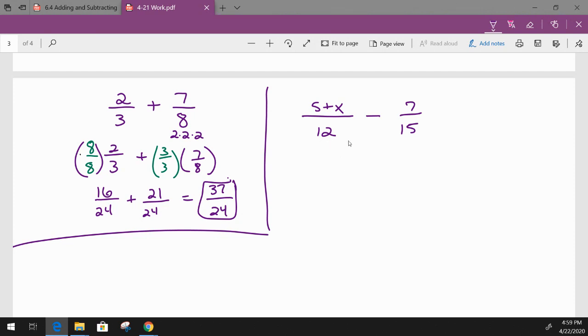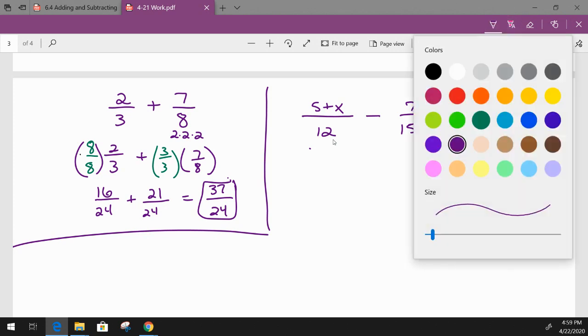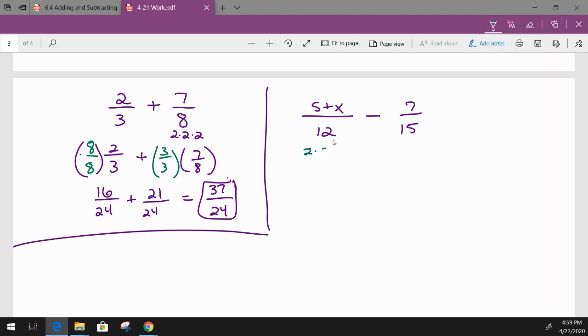But if you look at 12 and 15, the prime factors of 12 would be 2 times 2 times 3. The prime factors of 15 are 3 and 5. So both of them already have a common factor of 3.